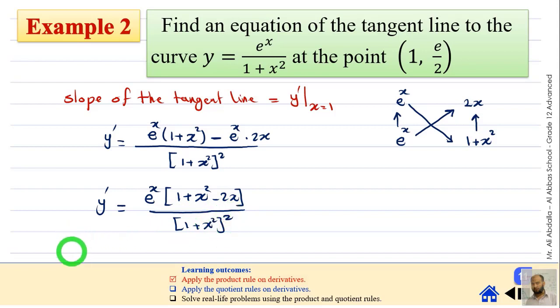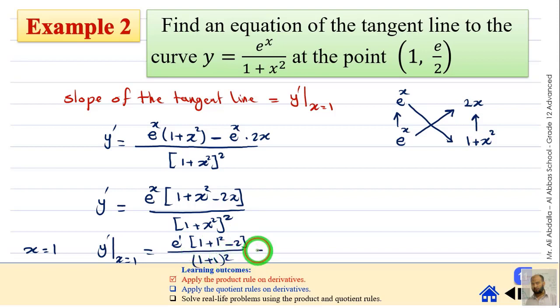Then we can find the slope at x equals 1: y'(1) equals e to the power 1 times 1 plus 1 to the power 2 minus 2, over 1 plus 1 to the power 2, all to the power 2. This equals 0. Then we can use the equation of the tangent, y equals m times x minus x1 plus y1, where x1 and y1 are the coordinates of the point, and m equals the slope.